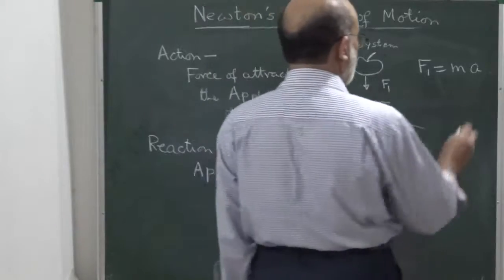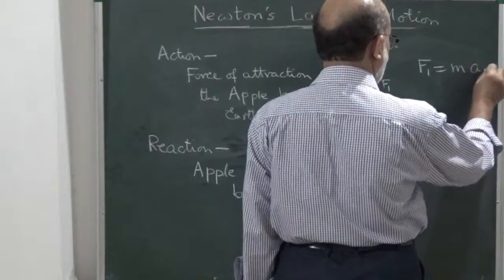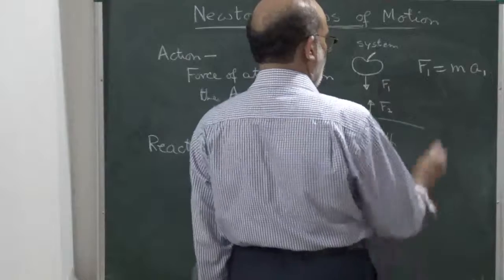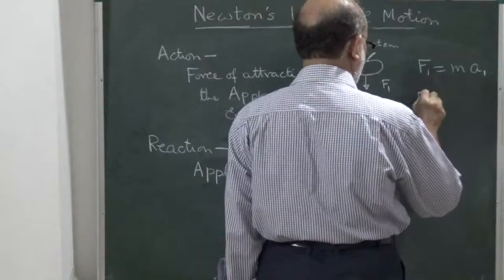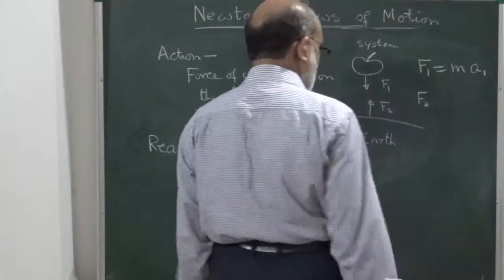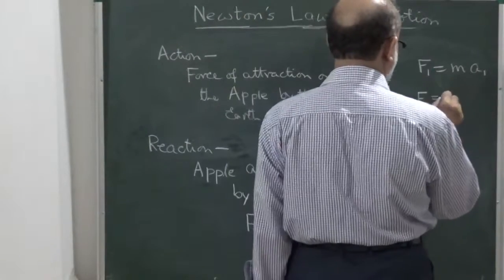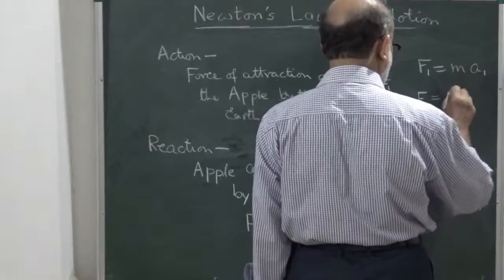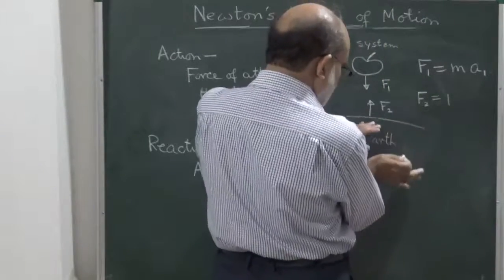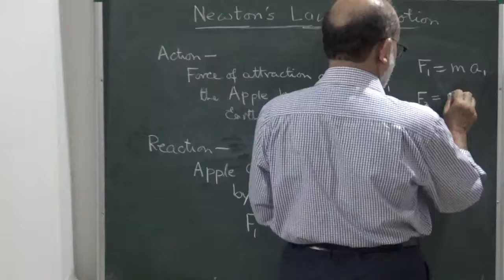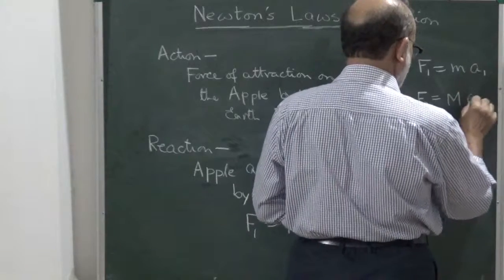And F2, suppose we call it as FA. Now F2, the force on the earth, is equal to the mass of the earth, M, times the acceleration of the earth towards the apple.